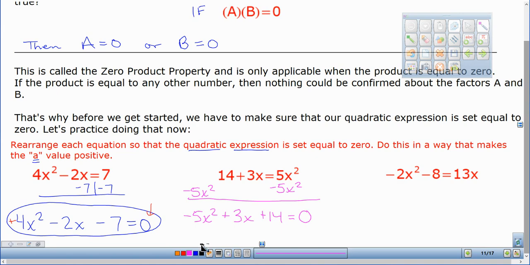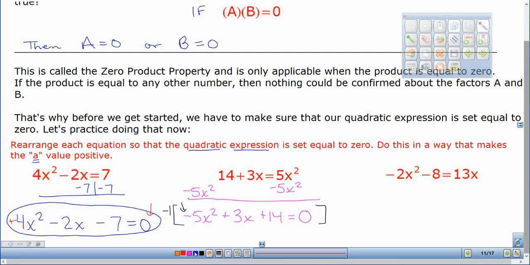This is set equal to 0, but there's one thing that I don't like, and I don't like that I have a negative A value. Well, what I'm going to do is change that negative A value to a positive A value. I can do that by multiplying the entire equation by negative 1. This is okay to do because whatever I do to the left side of the equation, I would also be doing to the right side of the equation.